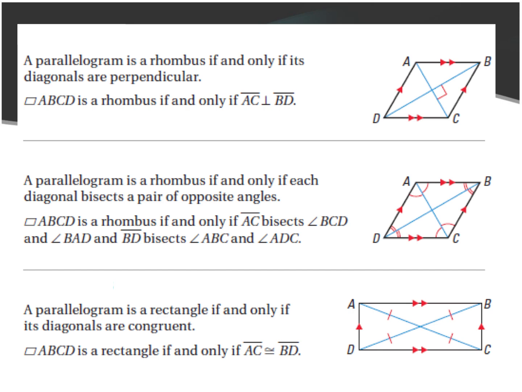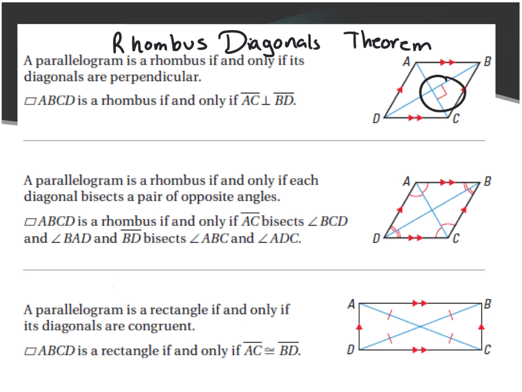And then let me write in the name, the rhombus diagonal theorem. Again, the diagonals have to be perpendicular, so it has to be given like that for you to be able to tell it's a rhombus.